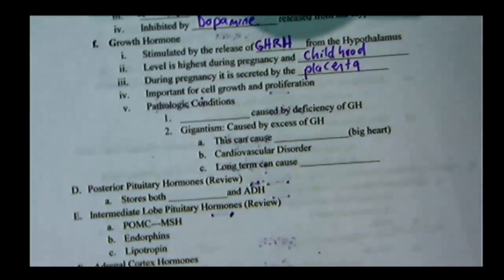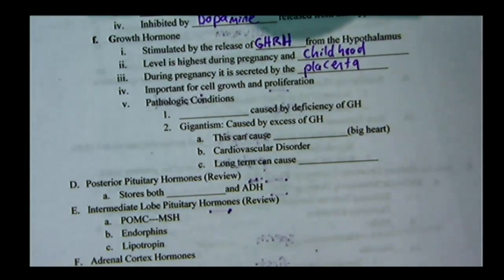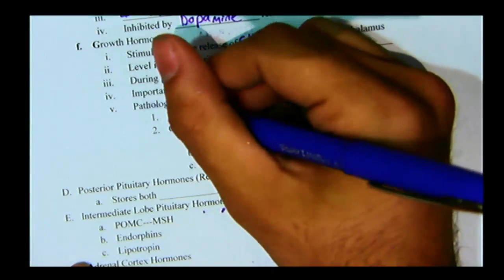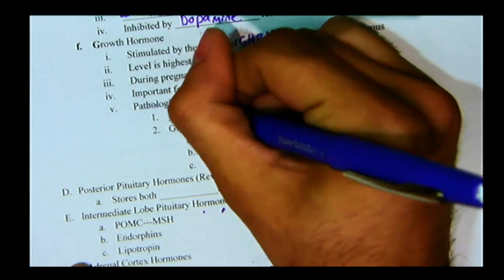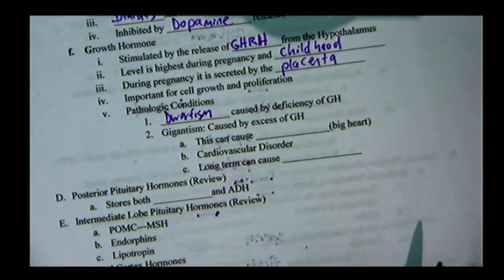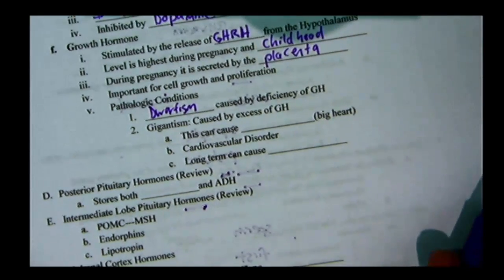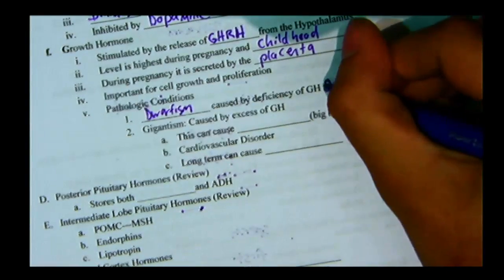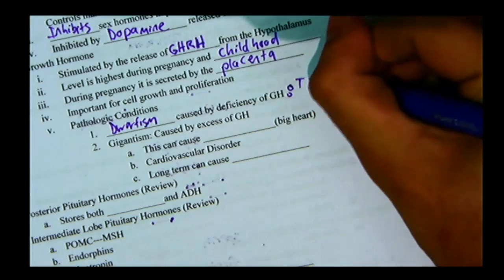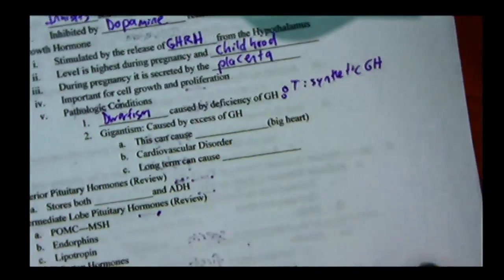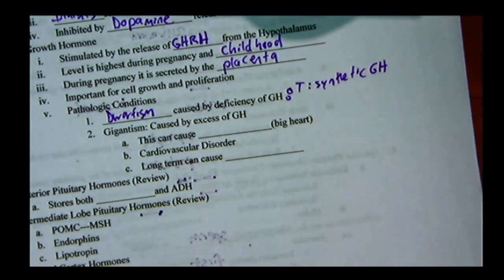So for pathological conditions, what is a deficiency of growth hormone called? Dwarfism. So if a baby is born with dwarfism, how do you treat that patient? What do you give them? Awesome. You treat with synthetic growth hormone. You also have gigantism, which is caused by excess of growth hormone. What can this cause?